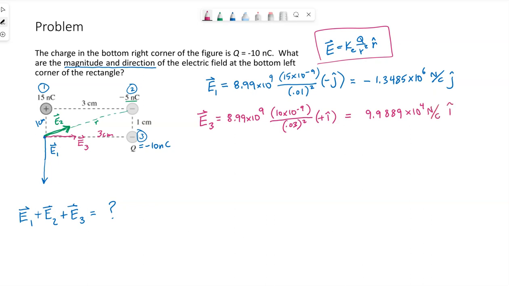And that's in the positive i hat direction. Now, the reason I mentioned make sure it makes sense, if you put the negative value of Q in and then positive i hat, you would have come up with a negative answer, which now would mean to the left, which is not correct. So we just need to follow through on those signs. The positive and minus has to do with the direction specifically.